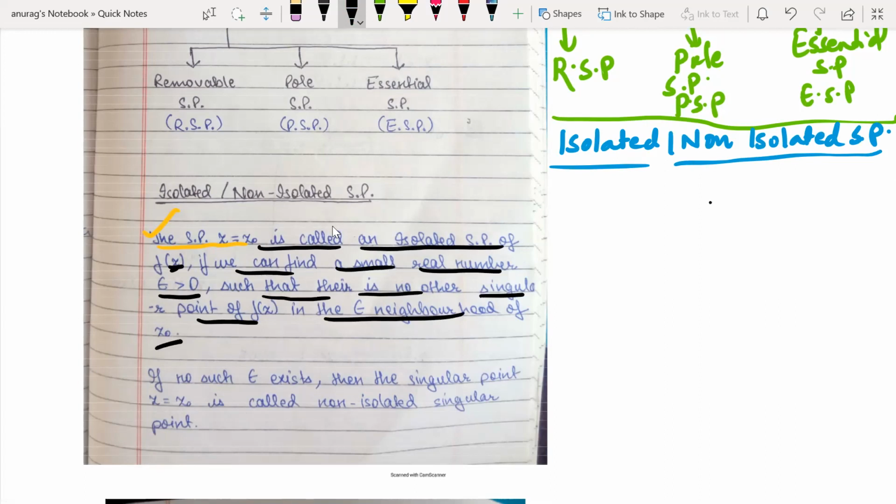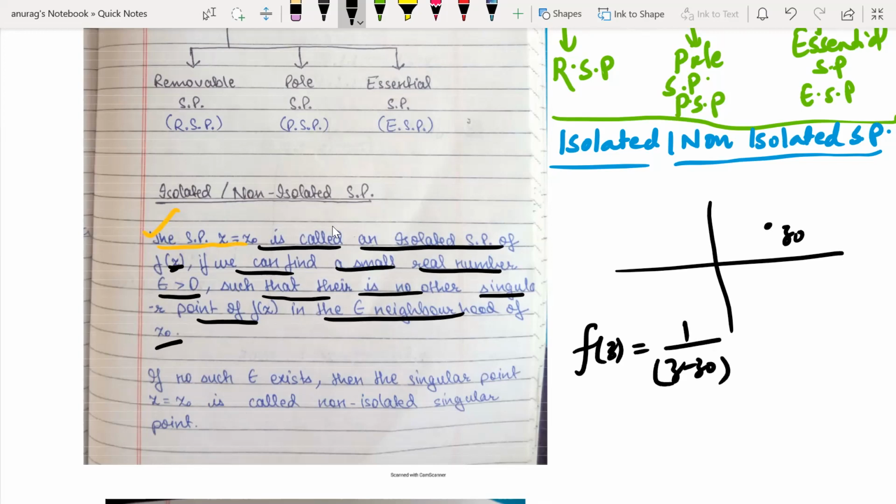What is the meaning? Suppose you have a singular point z naught where the function is not defined. If you take any neighborhood of this, and no other point is disturbing inside this open disk, or we say the interior of this circle, and I'm taking a very small radius, then this point is called an isolated singular point because no other point is in the neighborhood of this point.